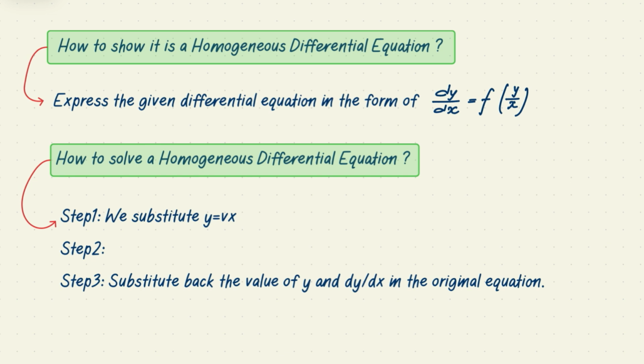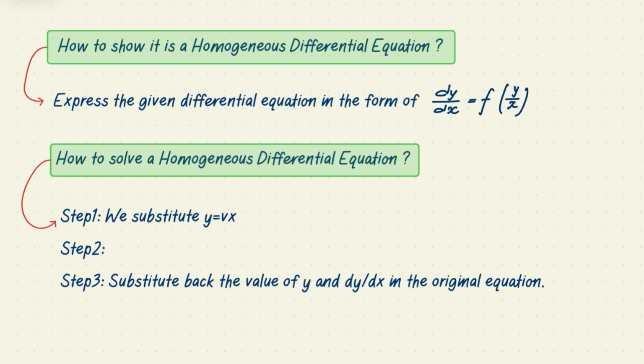Here you see that dy over dx is a function of y over x. That means we should have the ratio of y divided by x. So dy over dx depends on the ratio y over x, and x and y are not separate here. So in this chapter, we will try to show whether a differential equation is homogeneous or not, and after that, the question will also ask us to solve that differential equation.